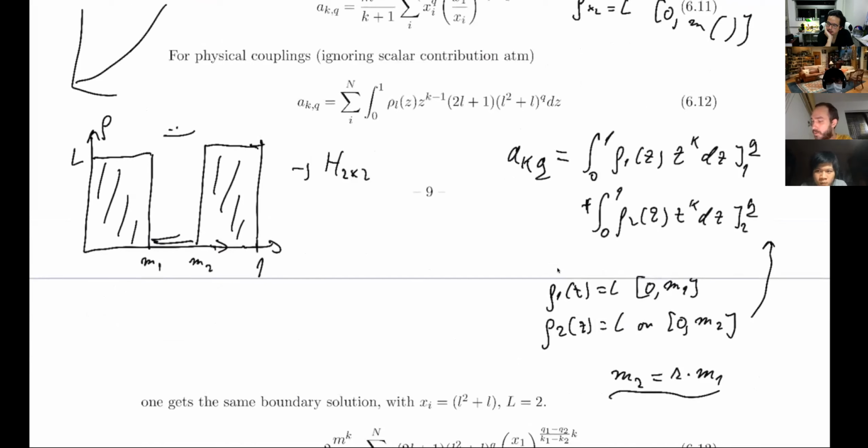Say I want to look at the plot of a K2, Q2 versus a K1.